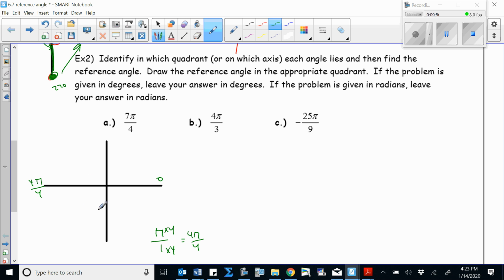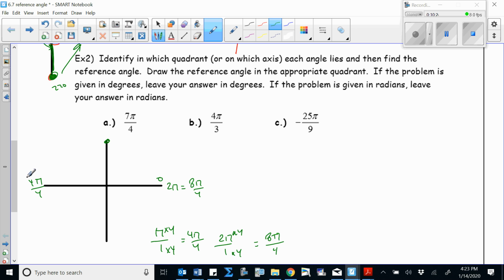If I make a whole circle, this is 2 pi. I need to change this to a denominator of 4 as well. So this will be equal to 8 pi over 4. Why? Because 2 pi has a denominator of 1, so times 4 on top and bottom, this will be 8 pi, and the denominator is again 4. Okay, now this point. We know that this point is half the way from 0 to 4 pi over 4.